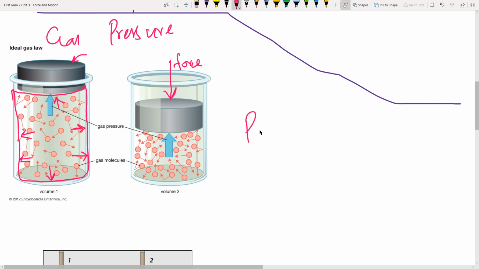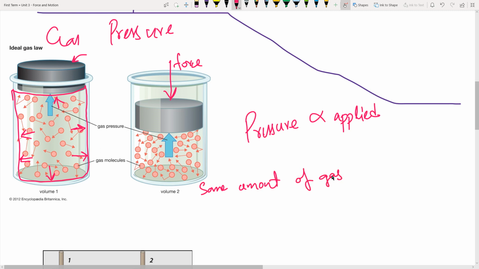So pressure is directly proportional to applied force. If I push the particles together, the pressure will be greater. As you can see, the blue arrow here is smaller, and over here the red one, the gas pressure, is higher. But we have the same amount of gas. So we will deal with three cases. First, pressure is directly related to applied force.